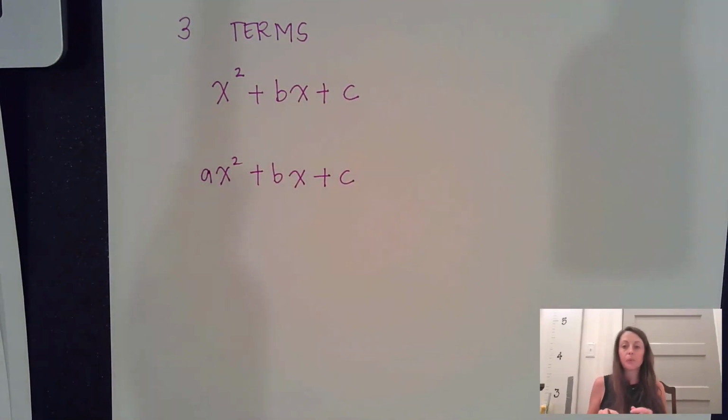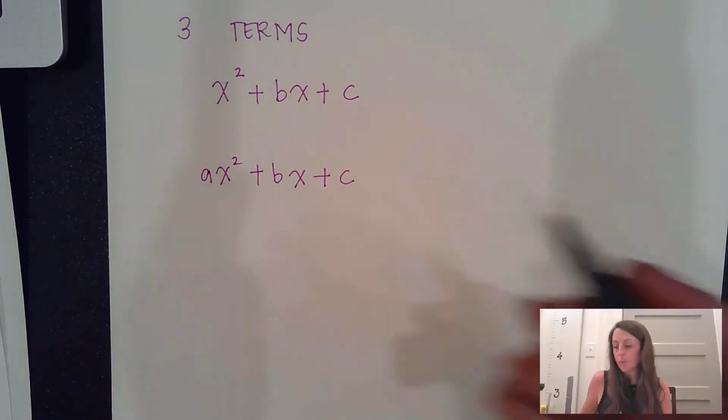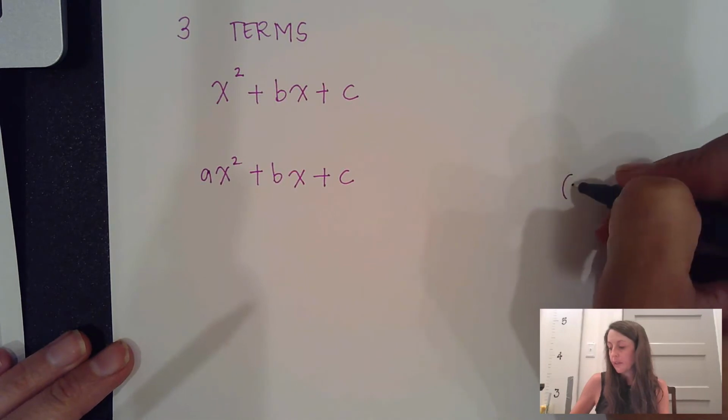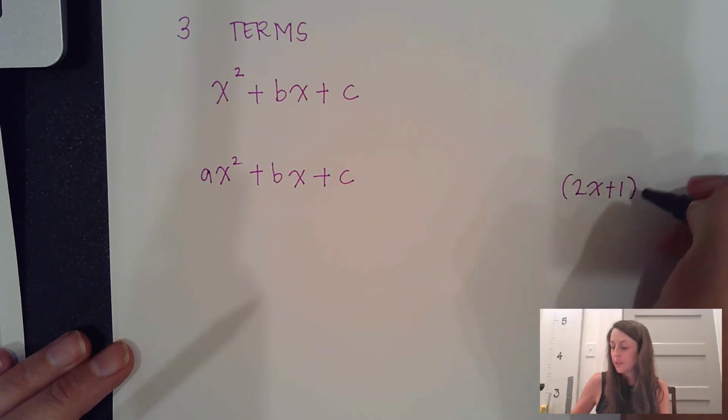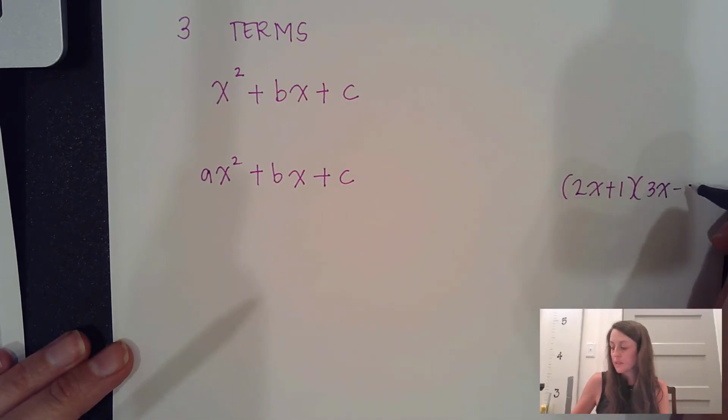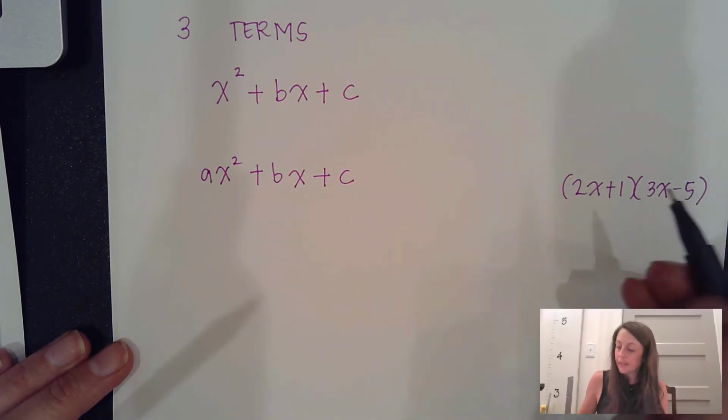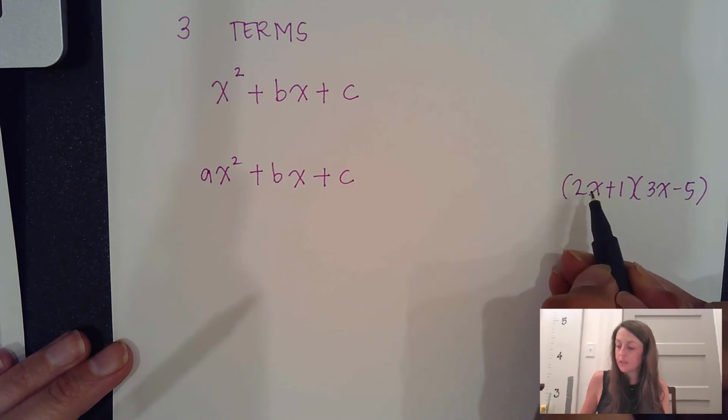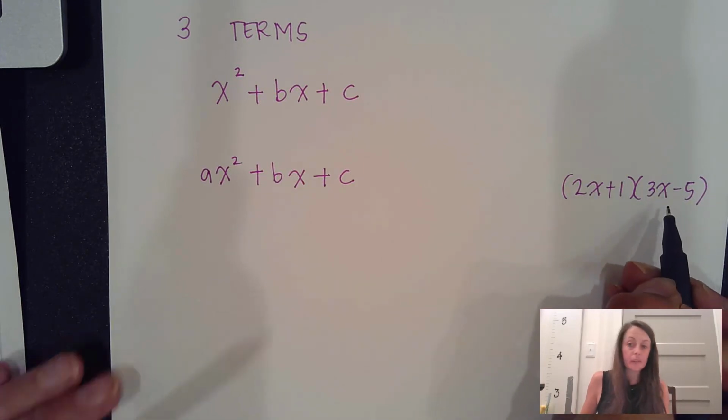So remember, when you're multiplying your binomials together, that a comes from what's in front. So like if I have 2x plus 1 times 3x minus 5, and I were to multiply that out, your a comes from multiplying 2x times 3x together.